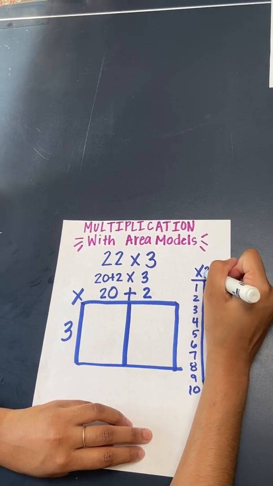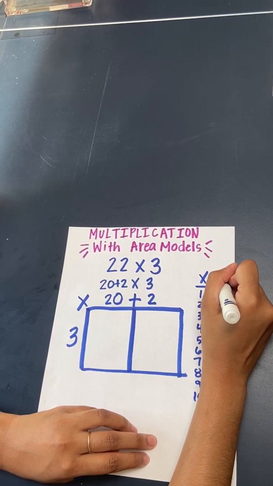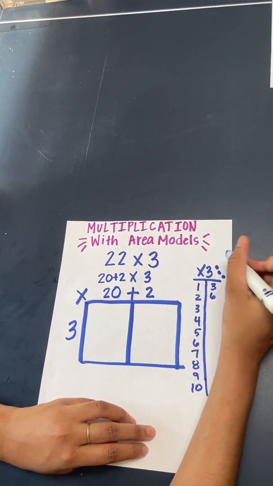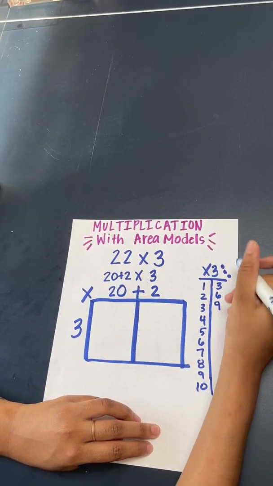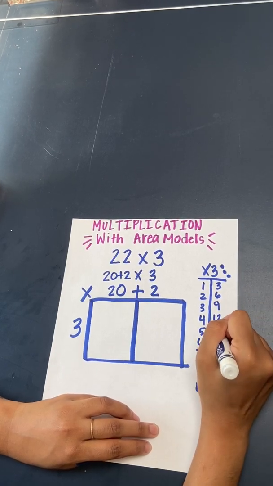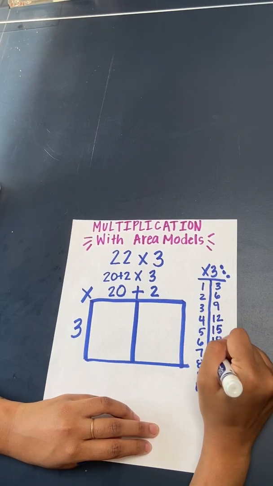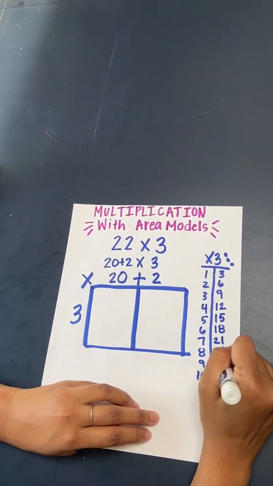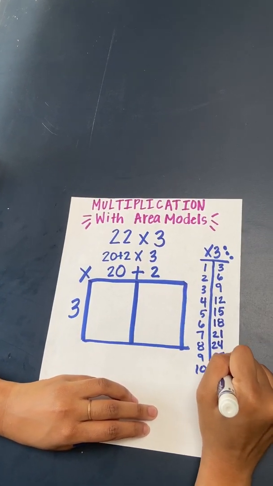So 1 times 3 is 1, 2, 3. 2 times 3 is 4, 5, 6. 3 times 3 is 7, 8, 9. 4 times 3 is 10, 11, 12. And I'm going to go on and continue to fill in my t-chart. Lastly, to get 10 times 3 is 30.